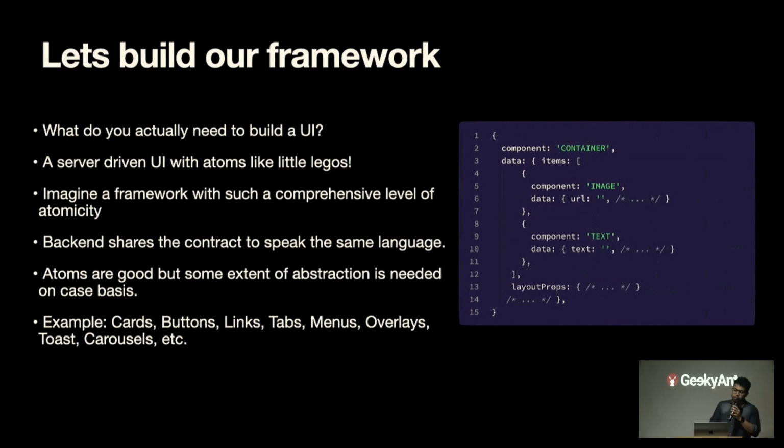And from the backend, you are able to get a response, something like this, that, hey, if the component type is container, it might hold another bunch of components within it, right? And you might have an image component, you might have a text component, and a number of components that I just talked about. So with this tree structure, I would be able to render anything on the fly, right?